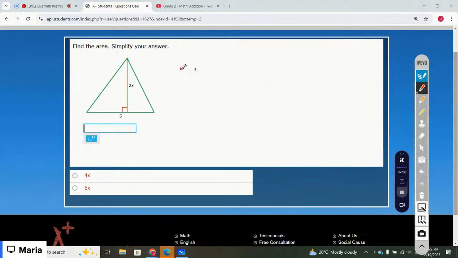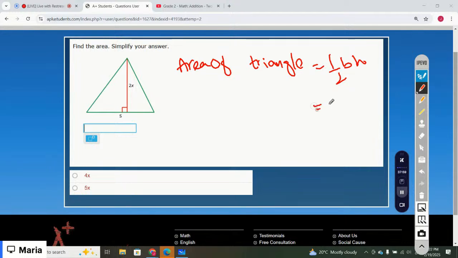So the area of the triangle is half times base times height. The base is 5, the height is 2x. So 2 and 2 cancel out, so 5x. The correct option is option number 2, that is 5x.